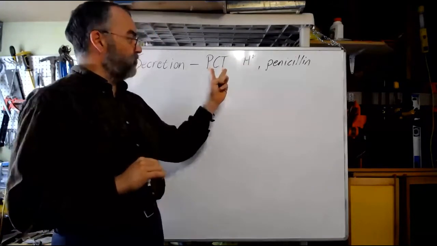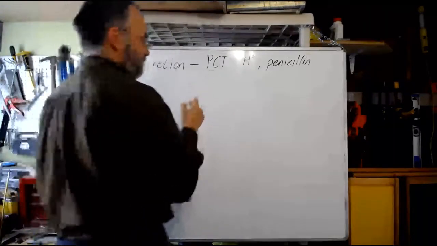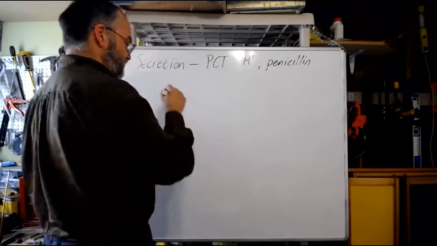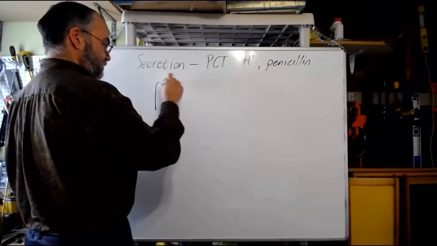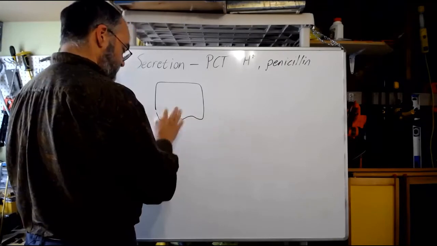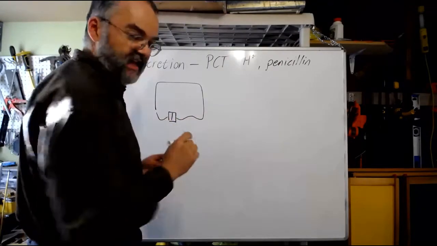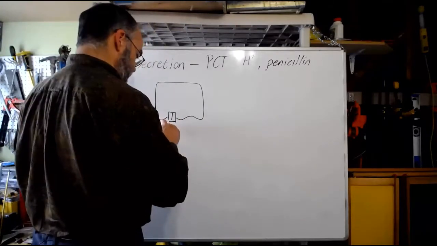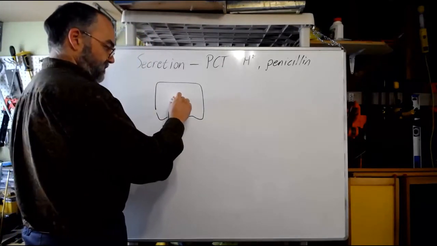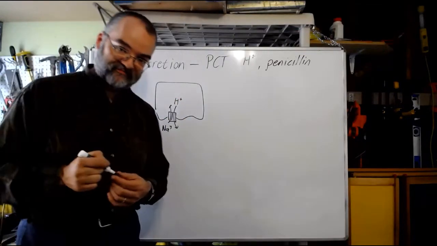So in the proximal convoluted tubule, for example, we secrete protons by the use of a sodium proton exchanger. So if I were to look at a PCT cell, down here on this membrane, I'm going to have an antiport that allows sodium to come into the cell in exchange for H+ going out of the cell.